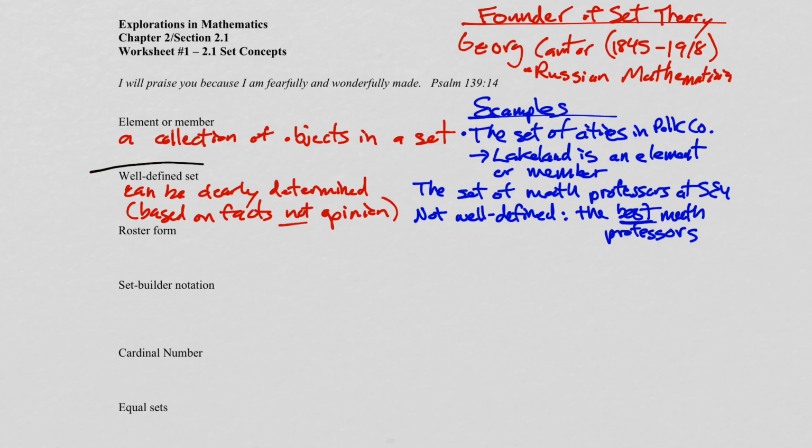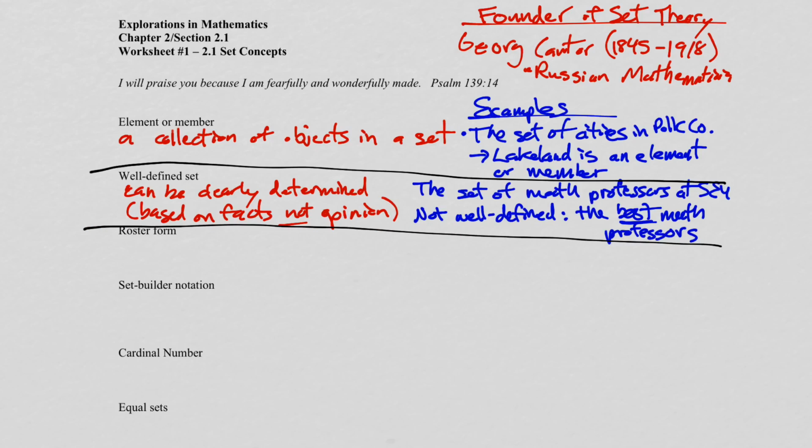Okay, so now let's switch from descriptions to roster form. Roster form is to be able to write the set inside braces, okay? And braces are basically these symbols here.